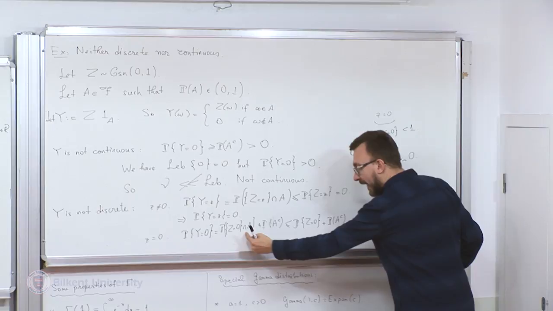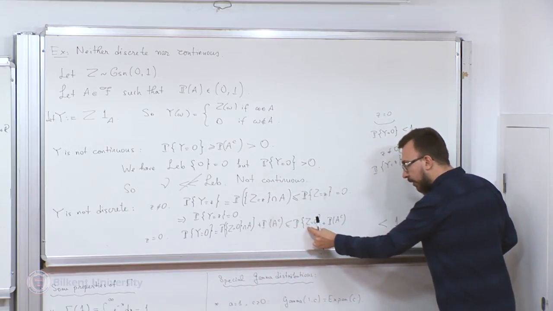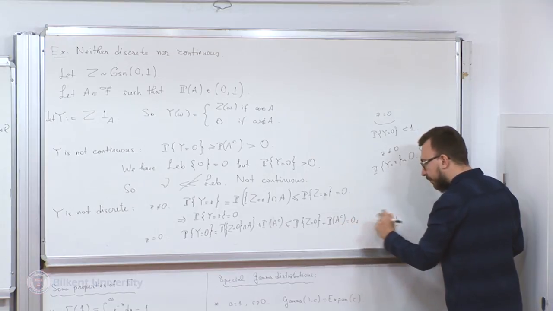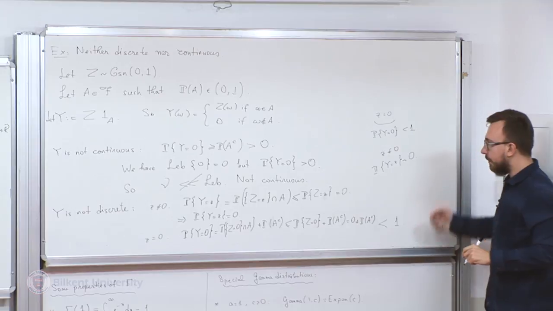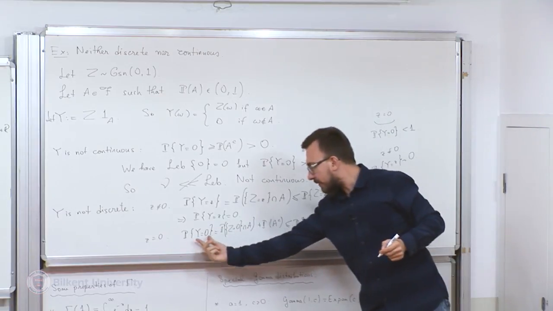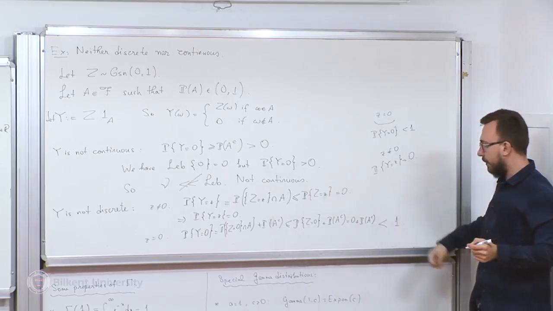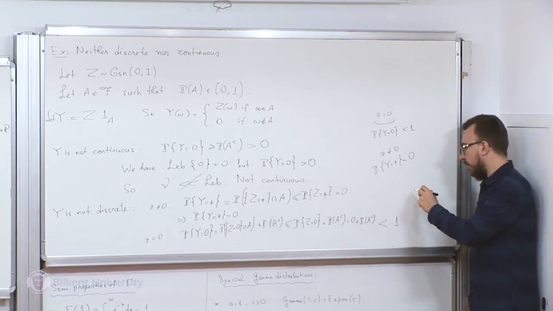The event that Z equals 0 and A is a subset of the event that Z equals 0. And this is just 0 plus the probability of A complement, which is strictly below 1. So we showed that the probability that Y takes the value 0 is strictly below 1. So Y is not discrete.